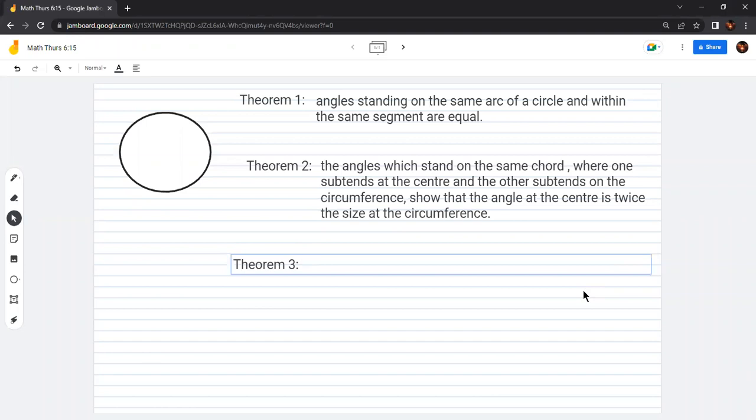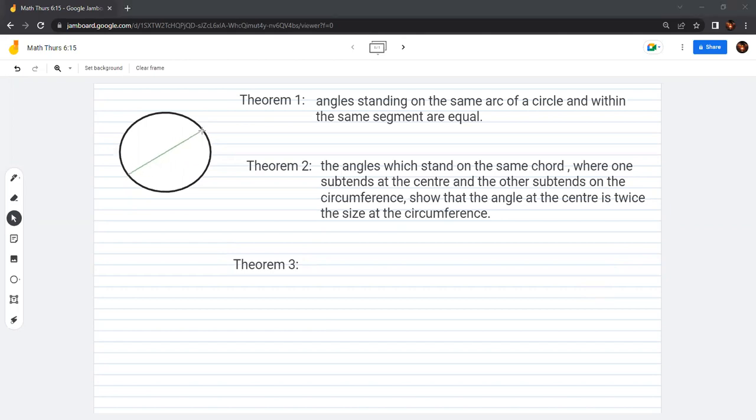All right, so let's look at theorem 3. Now, theorem 3, we're going to look at where the angles are coming off of the diameter. Right, so these angles are subtending off of the diameter. Angles within a semicircle.